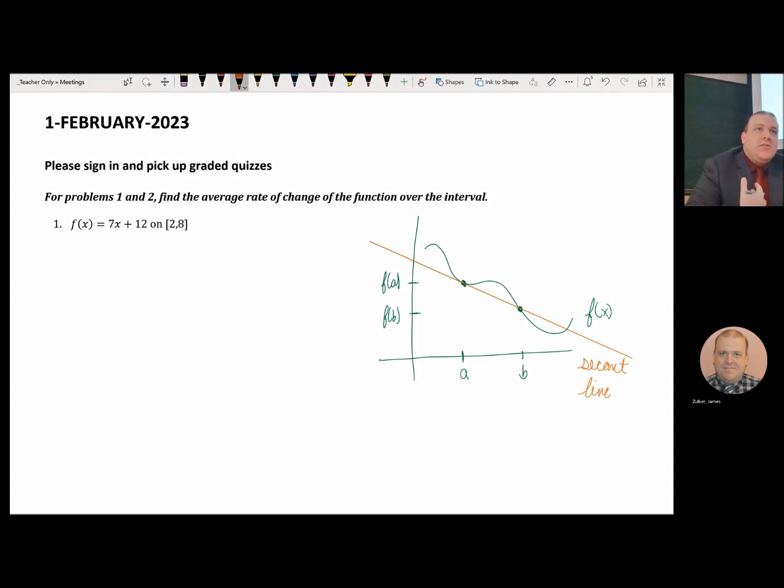Well, slope of a line is what? Well, that's slope-intercept form of a line. So m is the slope. What is slope? Delta y over delta x. Right? Rise over run. Change in the y values over change in the x values.